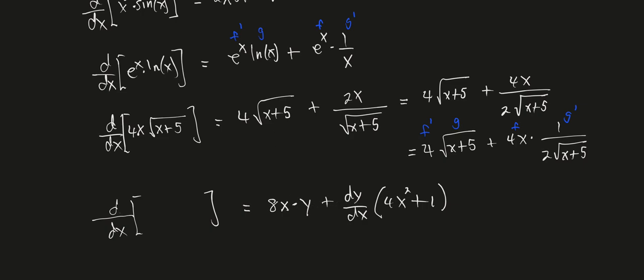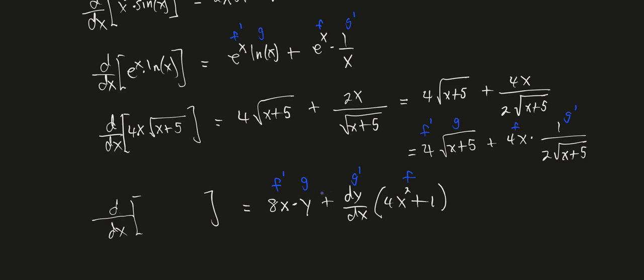If I call this my f prime, then I can see where this would be f, right? And then here, if I let my y be g, then the derivative of y would be dy dx, so this would be g prime.